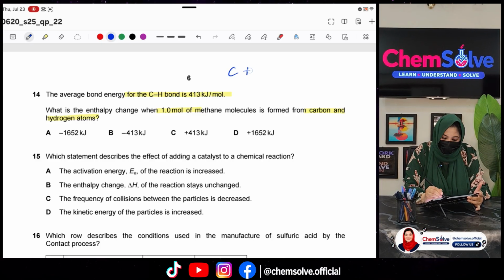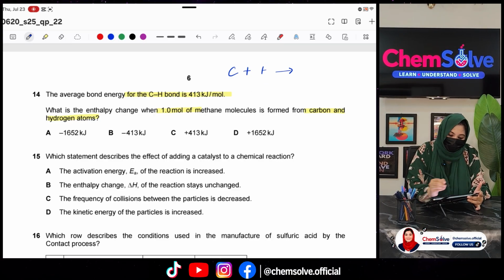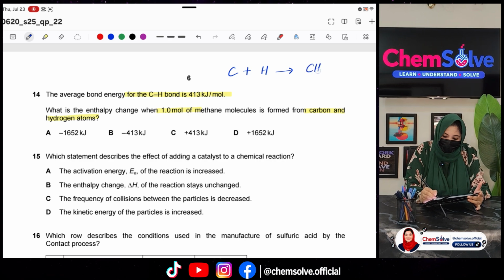We are going to take carbon and hydrogen atoms, not the molecule, so I'm not going to write 2 over here because it's not a molecule. And it will form methane. Methane is CH4, so for that I have to put 4 over here. And only 1 mole of methane is formed. So this equation is okay.